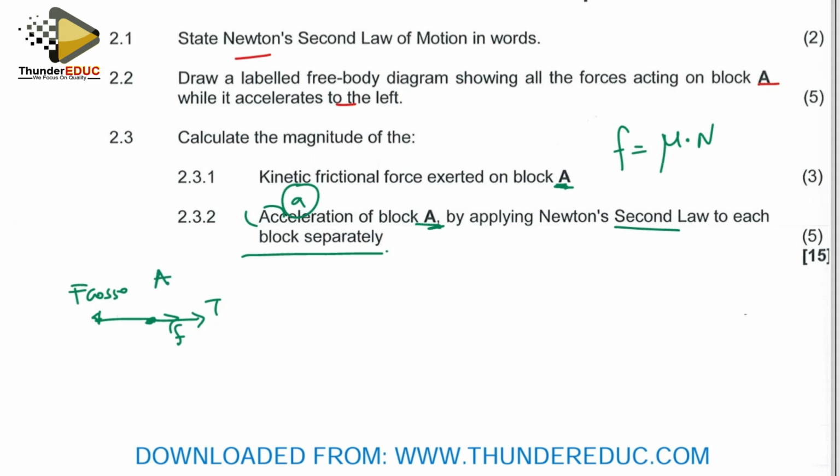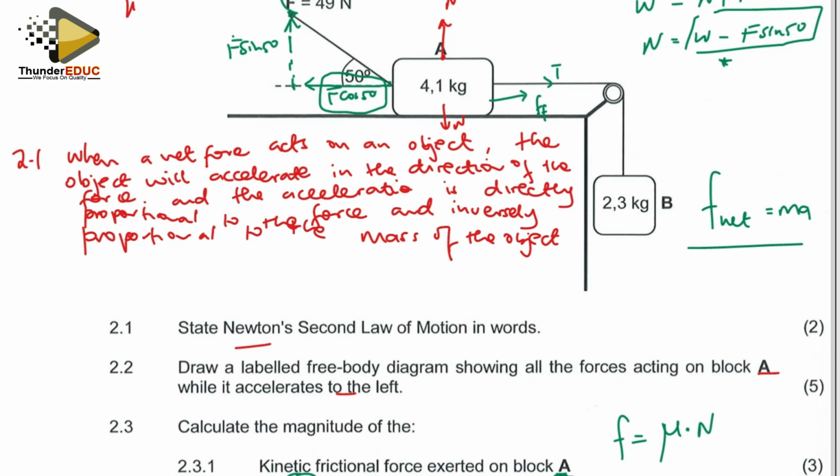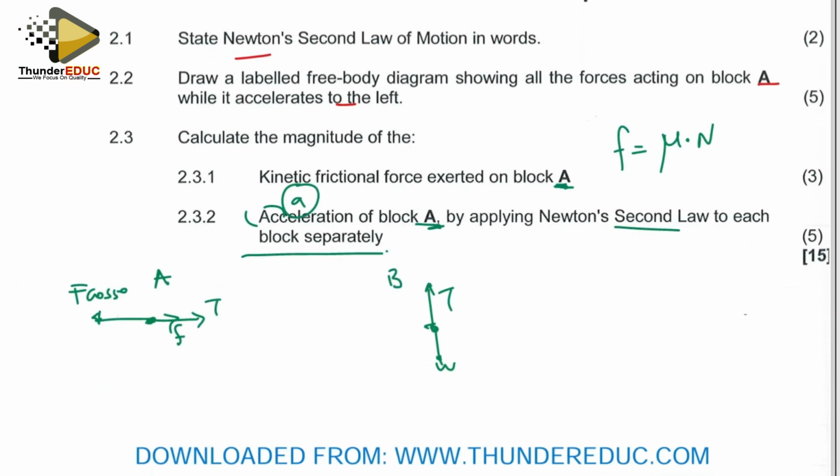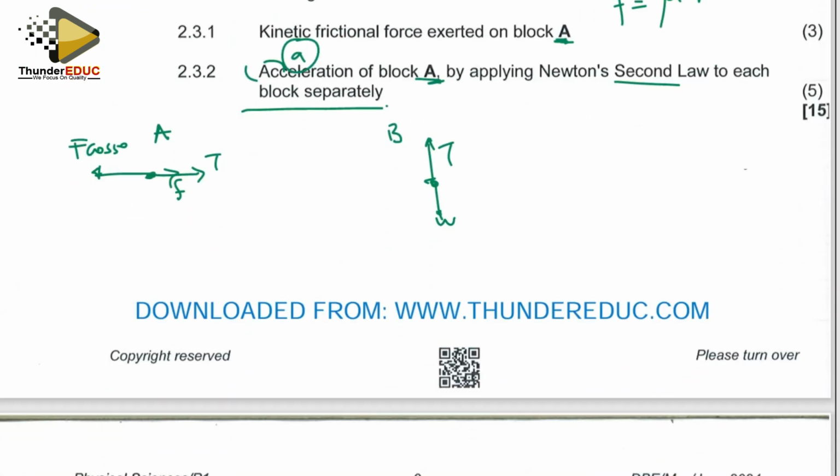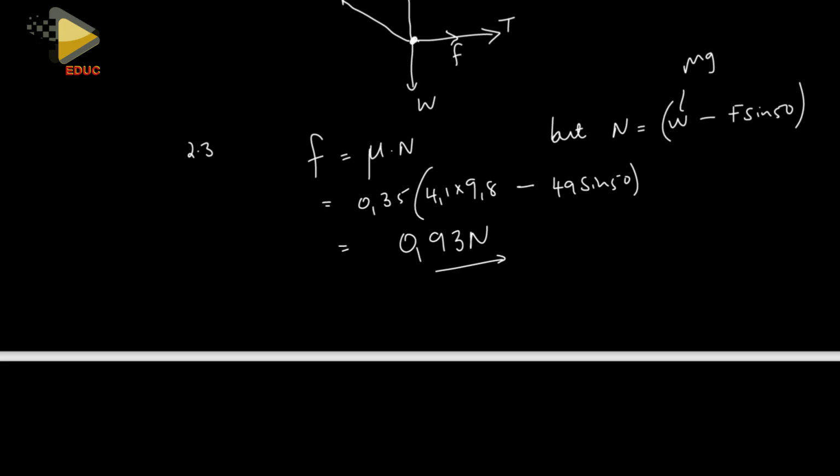This is A. When we look at body B, it's just the tension and then the weight. Those are the only forces that will be acting on the two bodies respectively. So I can start by looking at body B, and since it's moving to the left, the tension is going to be greater.